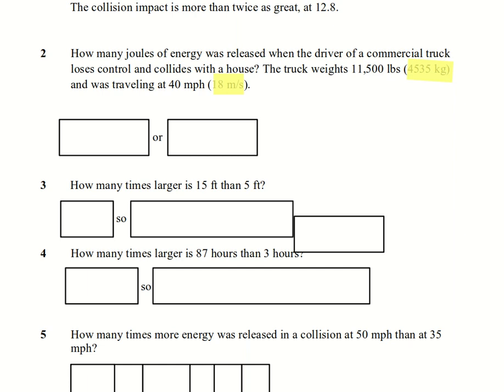Notice we can have this problem done much quicker than the previous one because we don't need to find k. K is that 1/2 that comes to us from calculus. And so we simply plug it in. E equals 1/2, we're dealing with metric. And there's the mass in kilograms, 4,535. And the velocity in meters per second, 18.